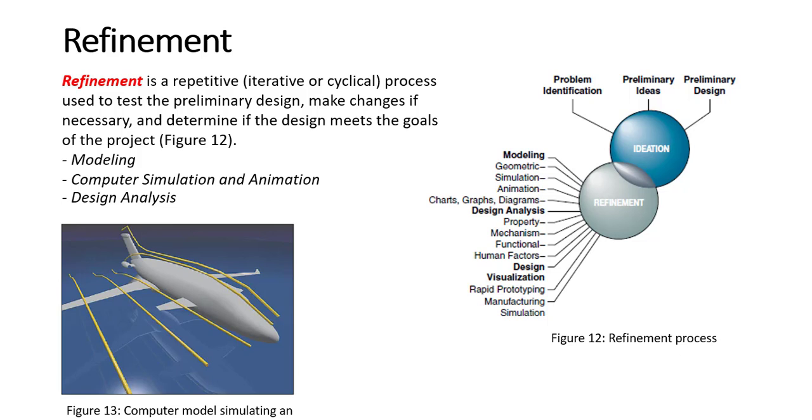Typical analyses performed on the design include the following. First one is property analysis, which evaluates a design based on its physical properties such as strength, size, volume, center of gravity, weight, and center locations, as well as on its thermofluid and mechanical properties.